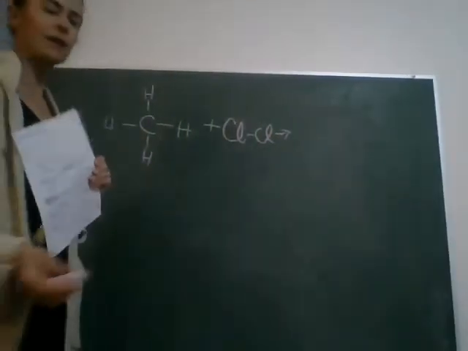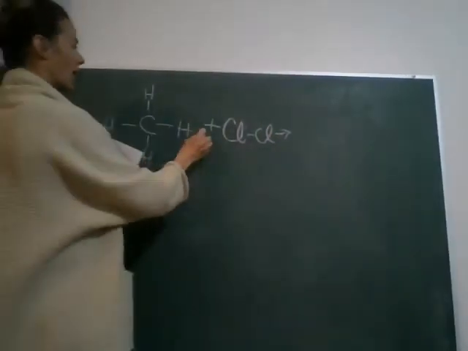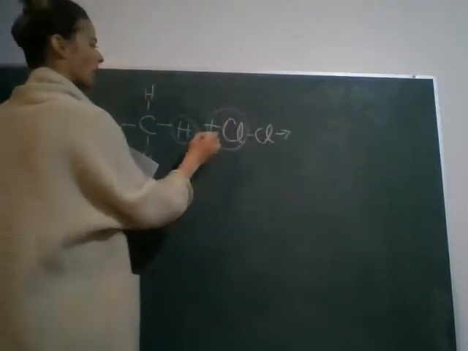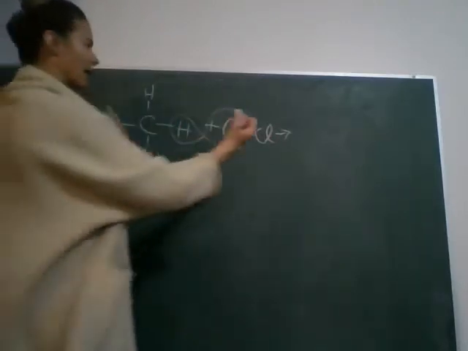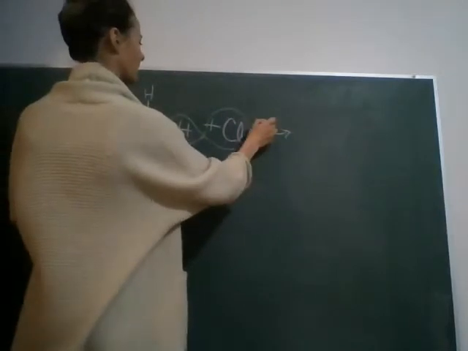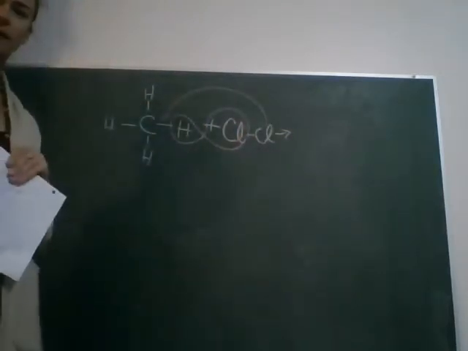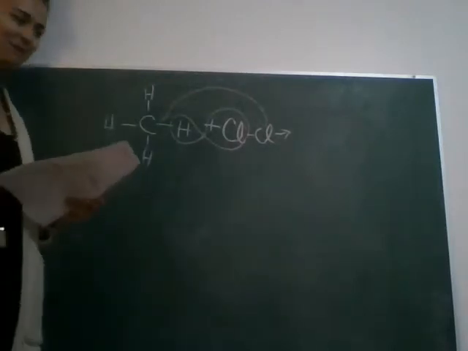What we end up getting is our hydrogen and our chlorine coming together, and then this chlorine is going to satisfy that extra bond that's now wanting to be bound to something.